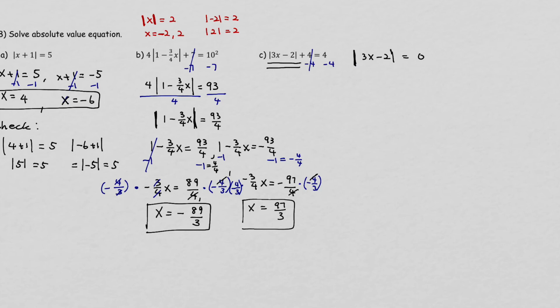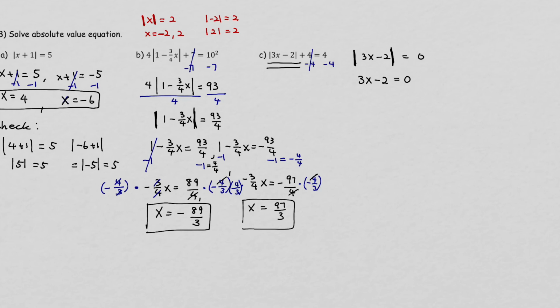Once you isolate the absolute value, then get rid of the absolute value and make one with the positive and one with the negative. But we all know that there is no negative 0, right? So that's something you don't have to worry about.